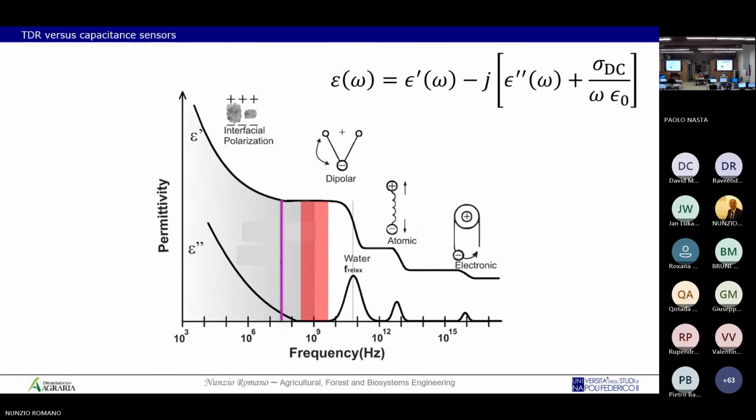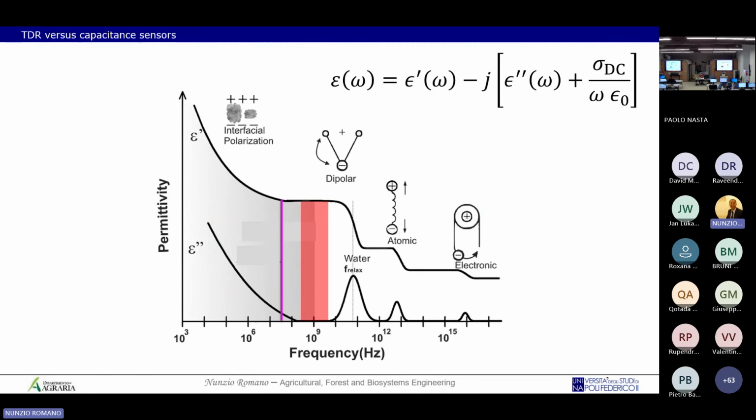After this, you can see that the pattern depends on the frequency, which changes from 1000 to megahertz or gigahertz.